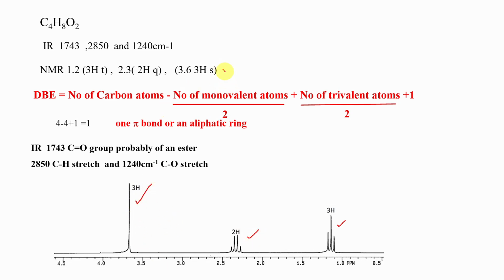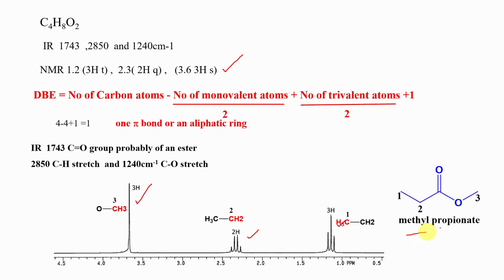The 3 hydrogen triplet indicates CH3CH2, the 2 hydrogen quartet indicates CH2CH3, and the 3 hydrogen singlet indicates a CH3 group directly attached to the oxygen of the ester group. From this information, we can assign the structure of the molecule like this. It is nothing but methyl propionate.